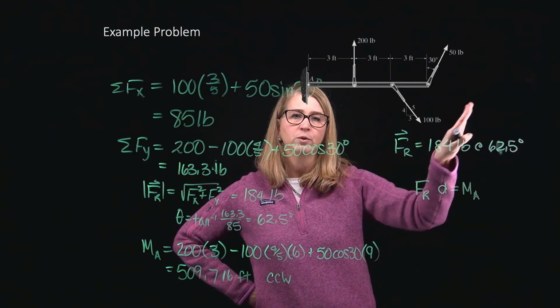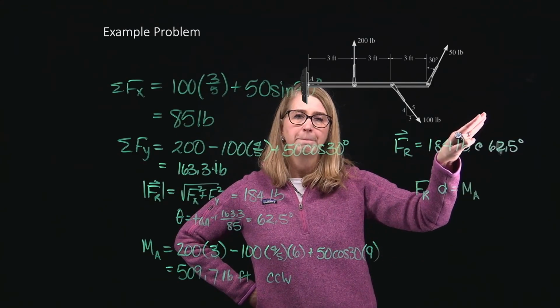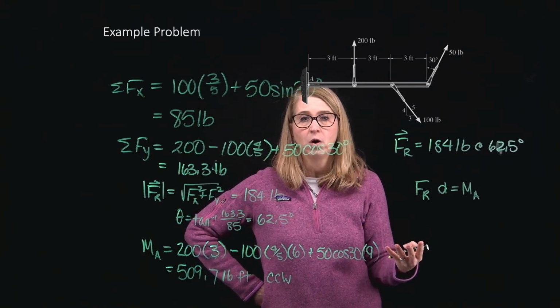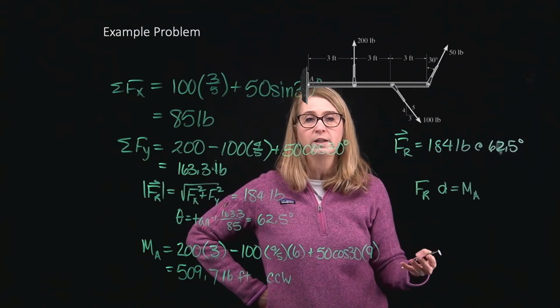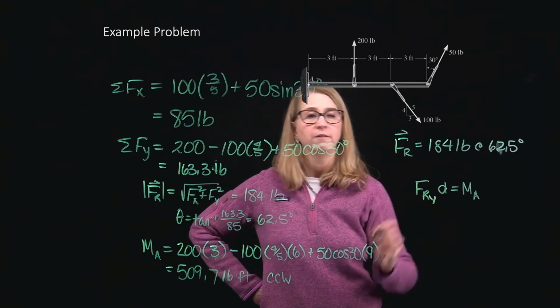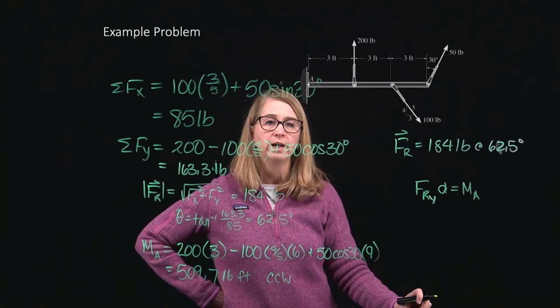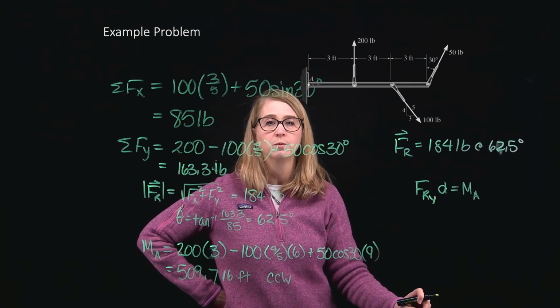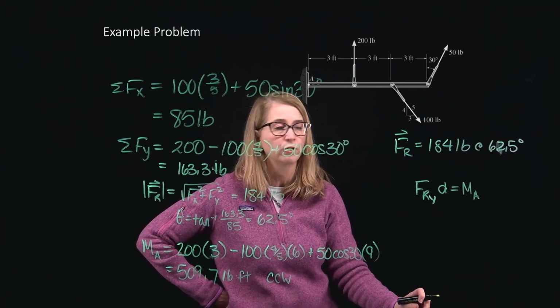Because that is a force that's at an angle. And the answer is no. I should be using the y component of that force because only the y component is going to produce the moment. The x component doesn't contribute.